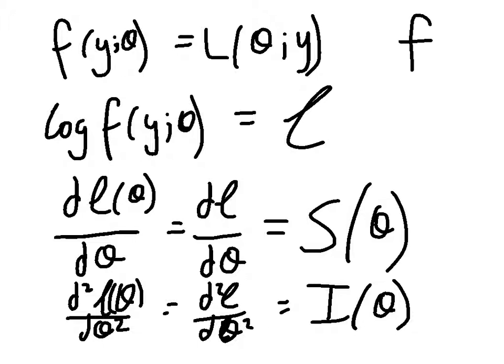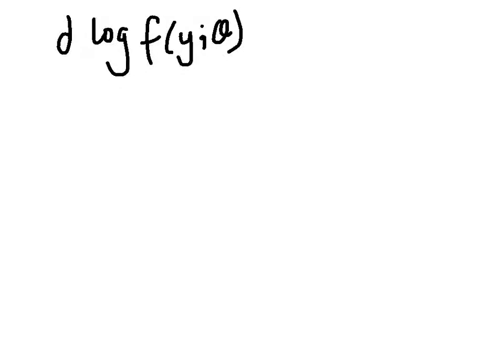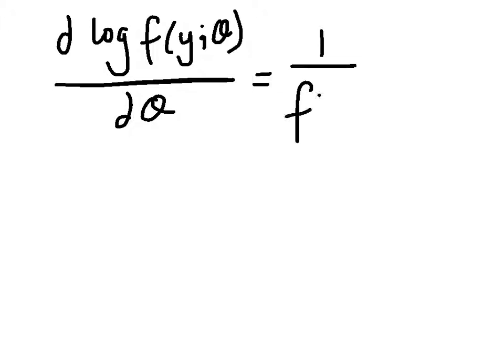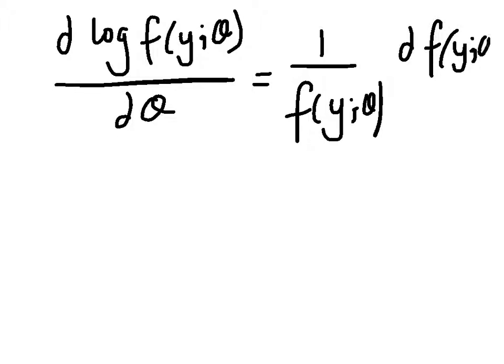Now, one calculus result we're going to use quite a lot is that if I take the differential of the log of a likelihood function, it's equal to 1 over the density function multiplied by the differential of that function.